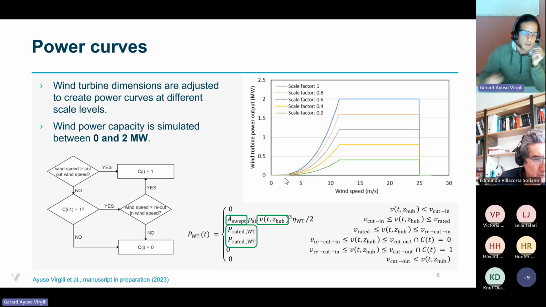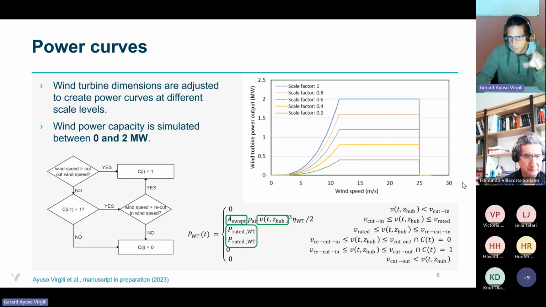So for the wind turbine, we started with a model, the Vestas 90, 2 megawatt, which corresponds to this blue line. And this is the power curve for this wind turbine, just replicated from the specification sheet. So what we did after that was to build the other power curves based on the piecewise equation for the power curves of a wind turbine.